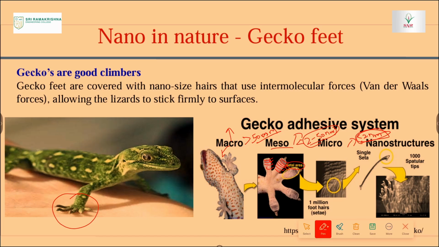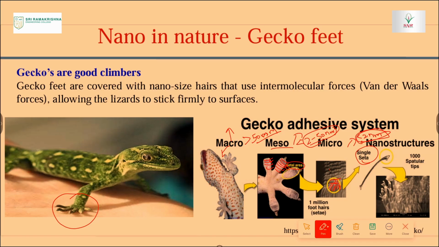These are all the same images, taken at a single theta. You can see the layer here, which can be micro or meso, and 1,000 spatula strips. From that strip you will have small hairy structures. Because of this nature, it can hold on the floor for a long time, stick for a long time, and climb wherever it wants.